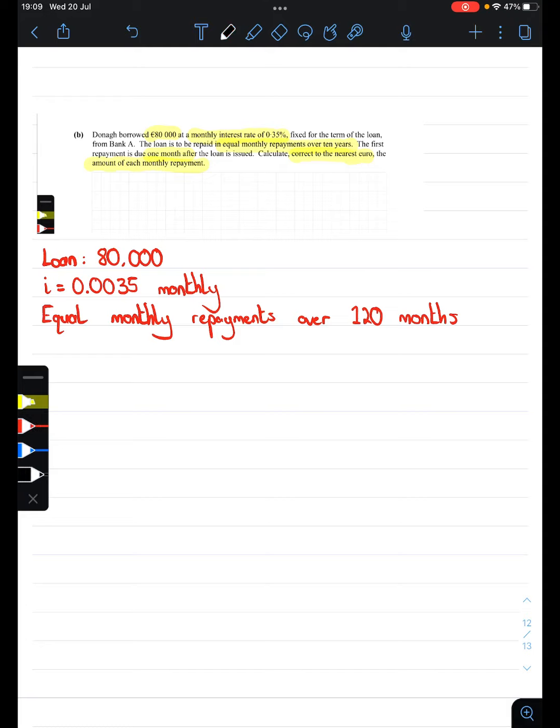Okay, so let's say that the equal monthly repayment is P. P is our monthly repayment, and this is what we're trying to solve for. The way to think about this is, let's say we pay them P euro after 1 month.